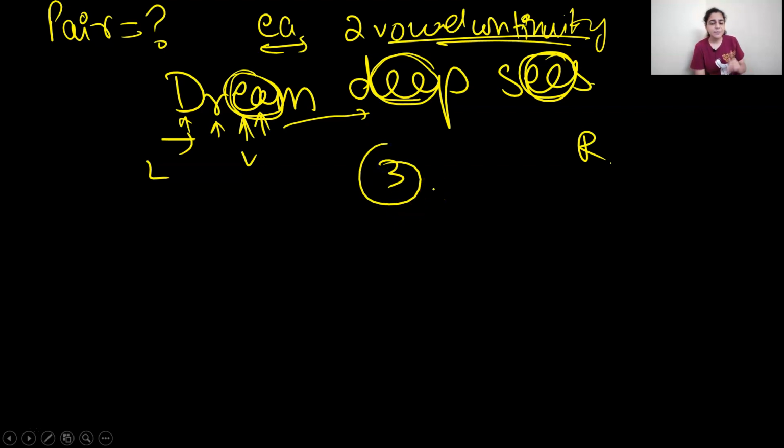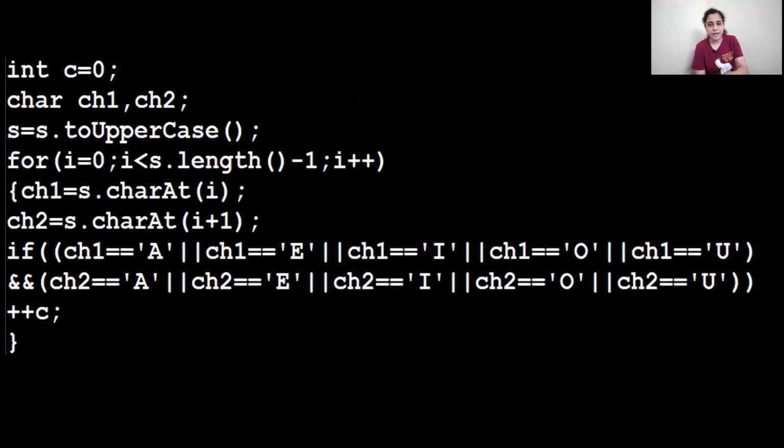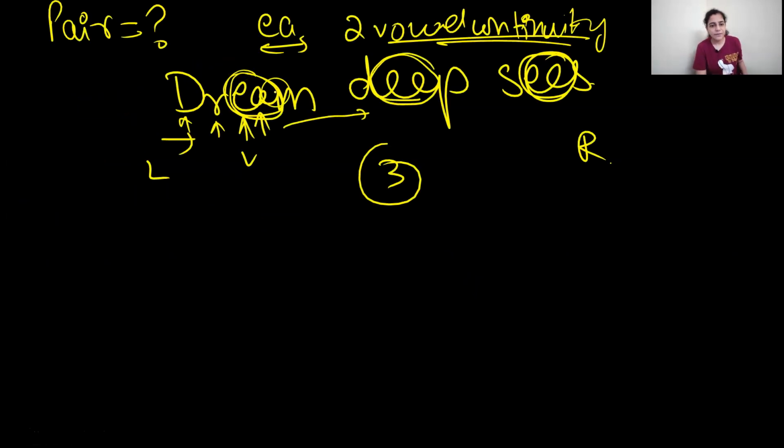Now let's run the same code in the BlueJ IDE. This is my code, and this is the algorithm, or you can say your answer. So let's start. C stands for count. I will count how many pairs of vowels there are, and there are char ch1 and ch2 to store character 1 and character 2, because I will need the first character to store the first vowel and the second character to store the second vowel.